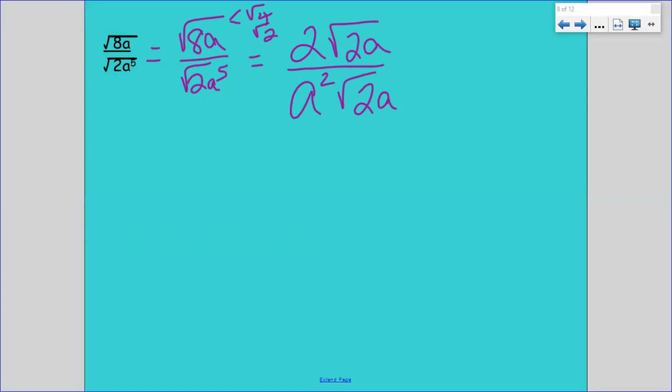But a shortcut for one like this, you guys: 2 times the square root of 2a over the square root of 2a is done. It's crossed out. That would equal 1. Same thing over the same thing equals 1. So that cuts a lot of work out for us. So my final answer is just going to be 2 over a squared.